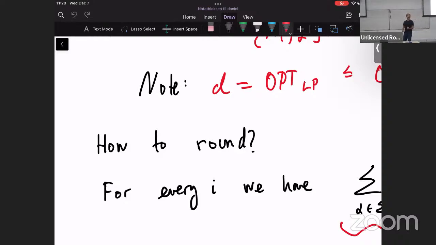So what we're going to do instead is to do a randomized algorithm. In particular, notice that at every position, the sum of the LP variables is equal to 1. That's a probability distribution, right? Whenever you have things between 0 and 1 that add to 1, it's a probability distribution over characters.